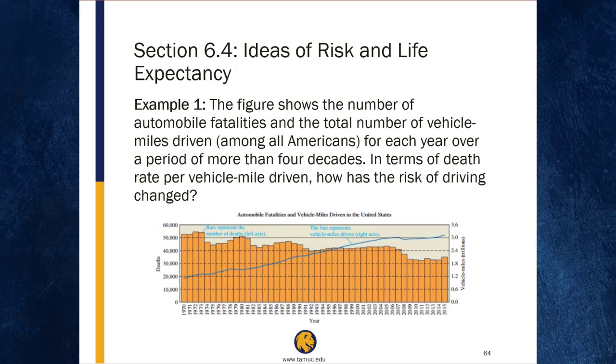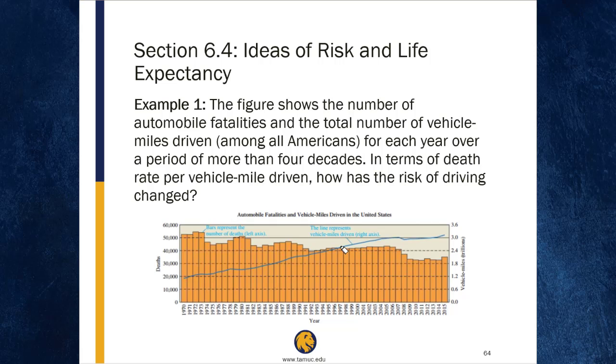In this example, the figure shows the number of automobile fatalities and the total number of vehicle miles driven among all Americans for each year over a period of more than 4 decades. In terms of death rate per vehicle mile driven, how has the risk of driving changed?